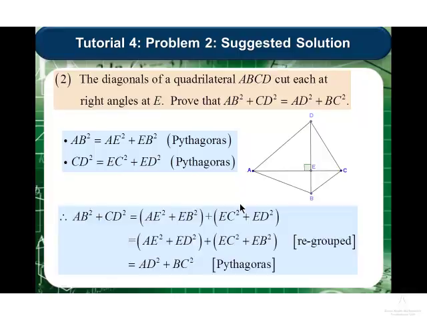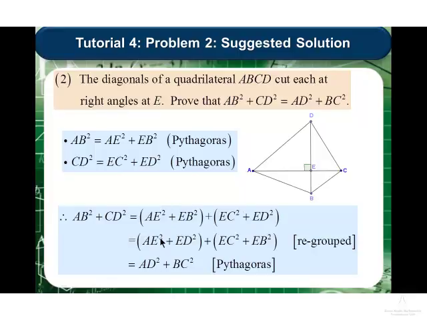Now, putting this together, let us sum the squares of AB and CD respectively. We just replace them with the right hand side expressions by using the theorem of Pythagoras to get this particular equation for the sum of AB squared and CD squared. And now it's just a matter of rearranging the order of the 4 terms of the right hand side of the equation.